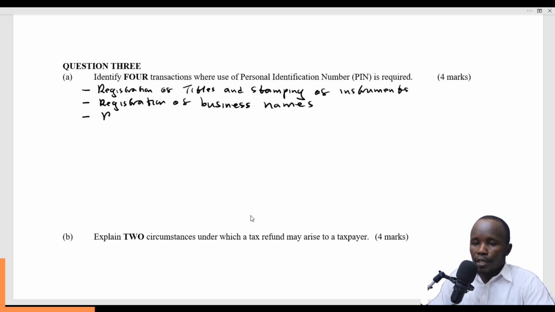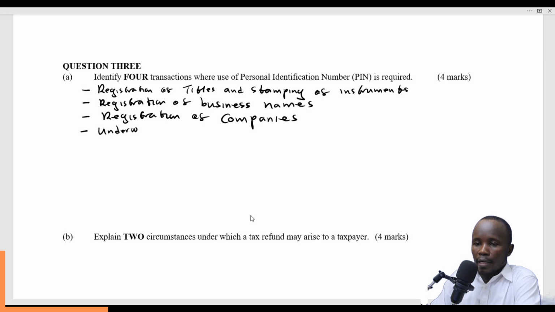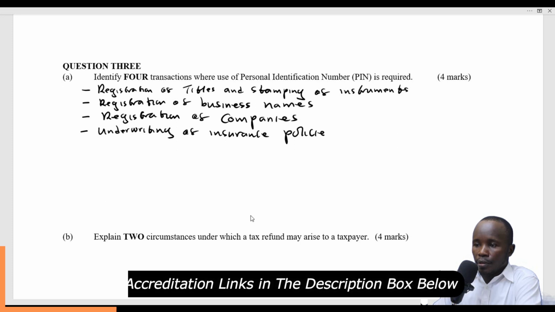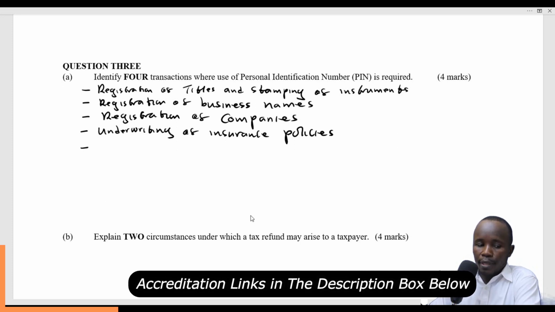Also, when you are doing registration of companies, you require KRA PIN. Then, when you want to do underwriting of insurance policies, you require a KRA PIN.